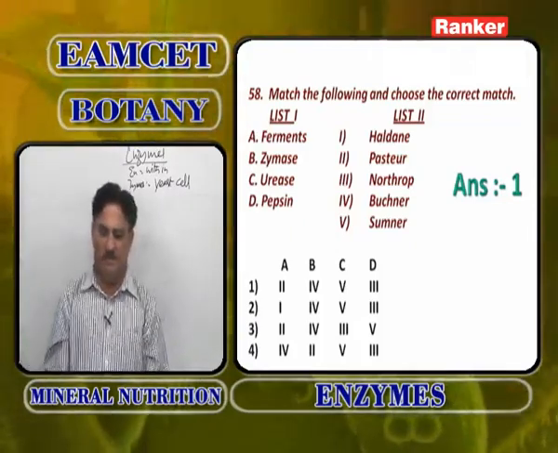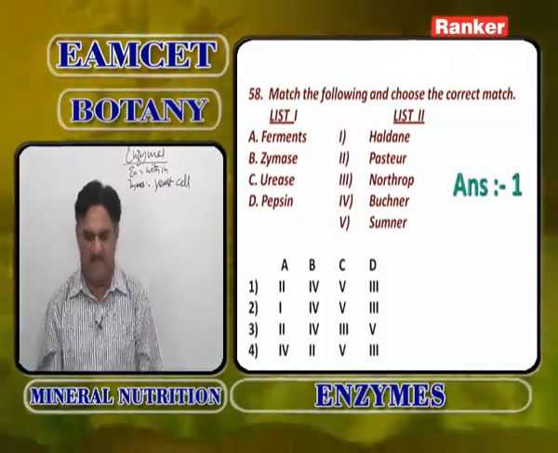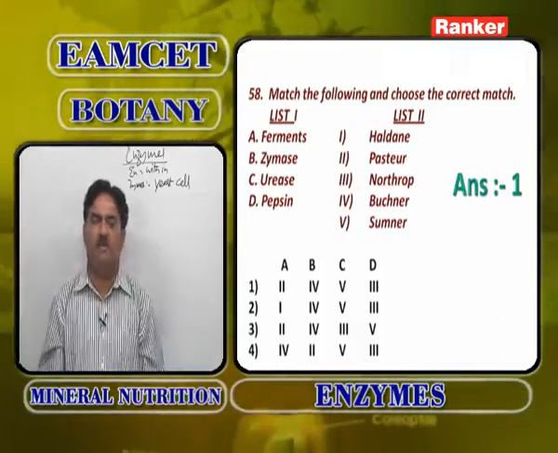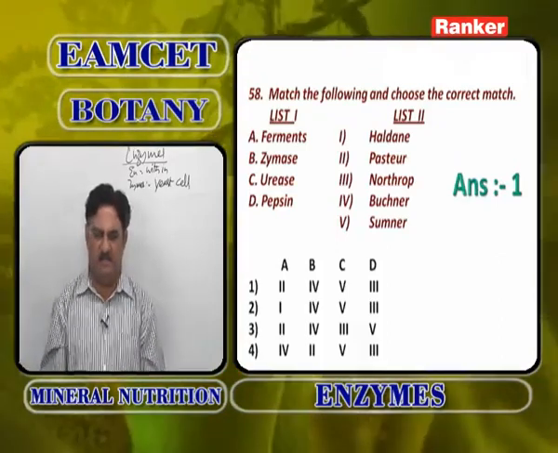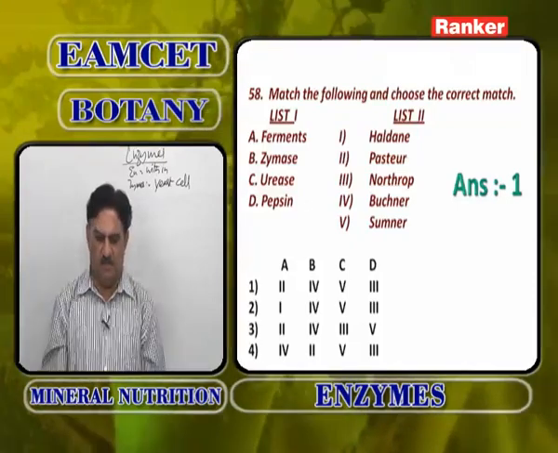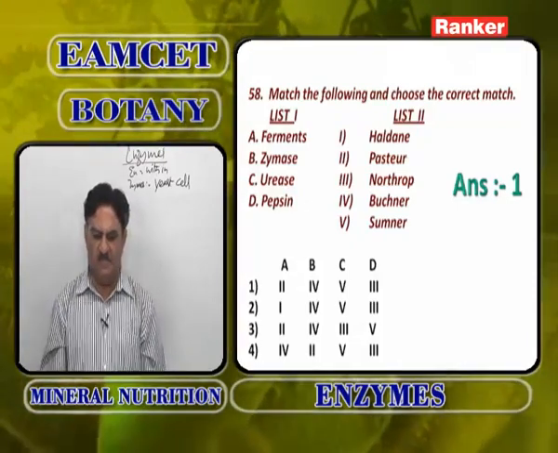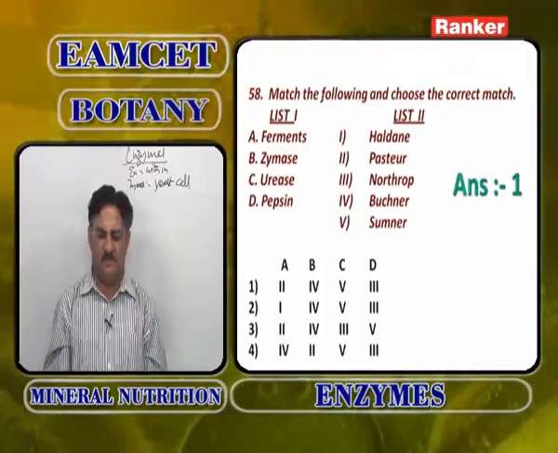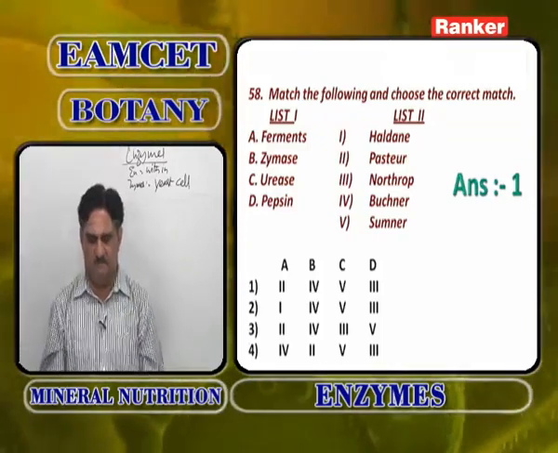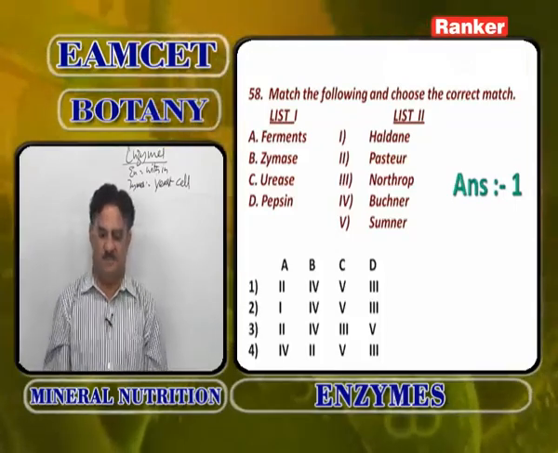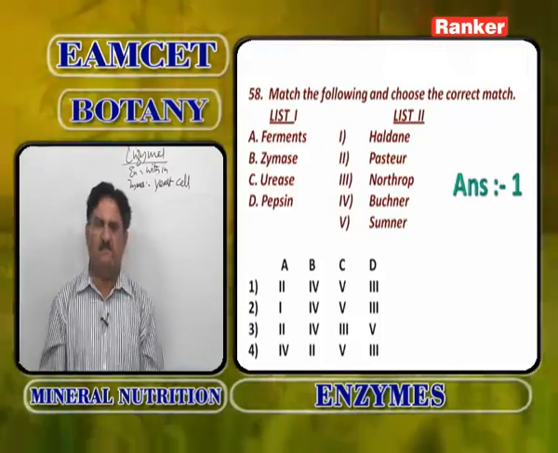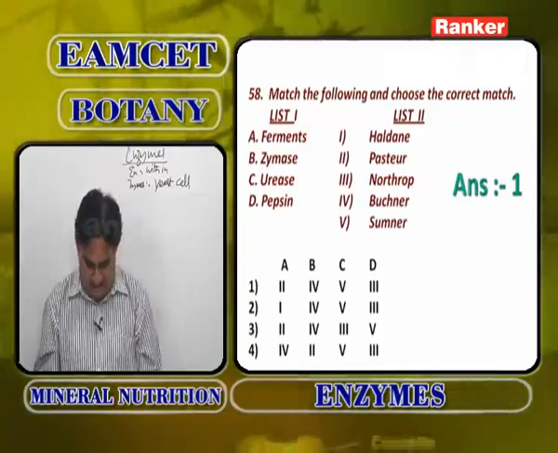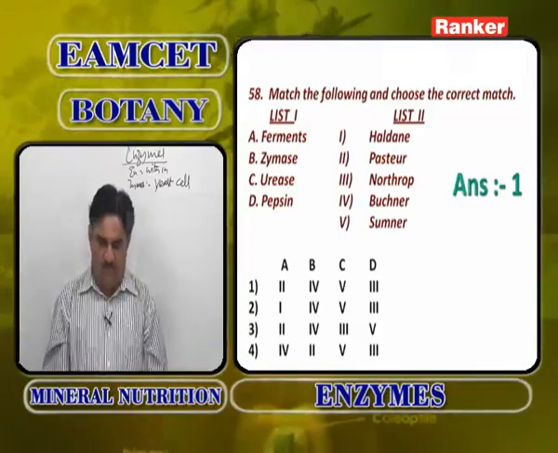So, Louis Pasteur, ferments. Zymase, Buchner. The term zymase for an enzyme was coined by Buchner. Urease enzyme was obtained in a pure crystalline form from jack bean plants by Sumner, J.B. Sumner. And pepsin, trypsin are the enzymes studied by Northrop, who proved the protein nature of enzymes.